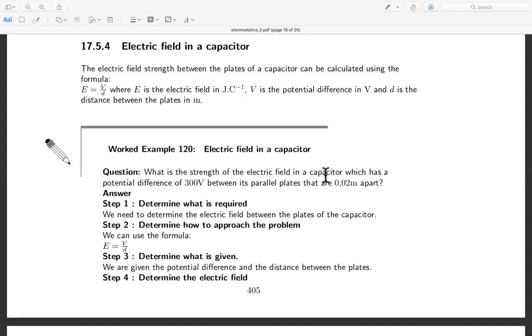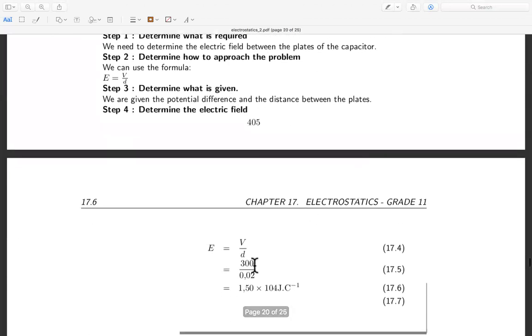This is D, this is V. So we have V and D. It means we only divide 300 by 0.02 meter. So E equals V over D. V is 300 and D is 0.02.